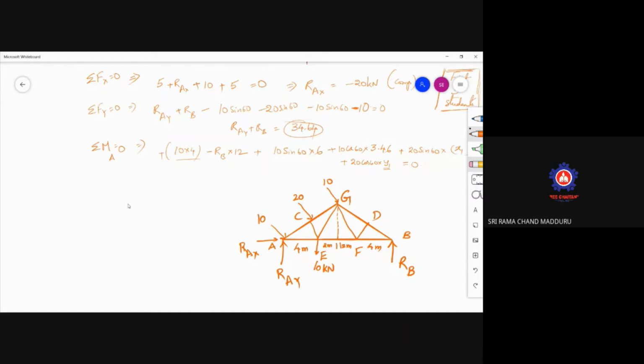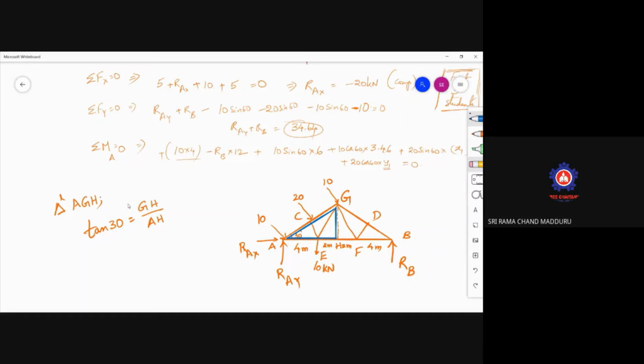If you consider this point as H, and this angle is 30 degrees, you know from triangle AGH, tan 30 is equal to, what is tan 30? Opposite side by adjacent side. We are considering this triangle.